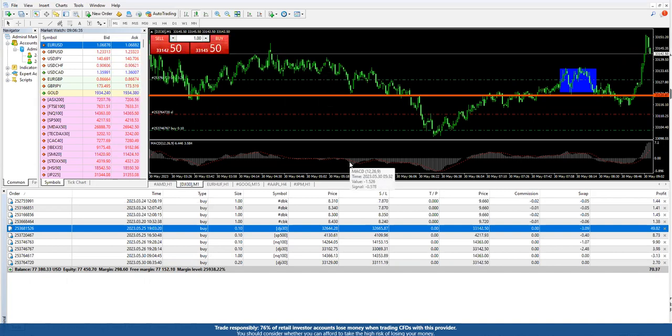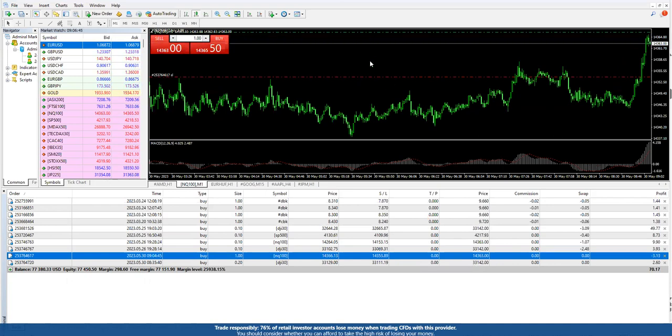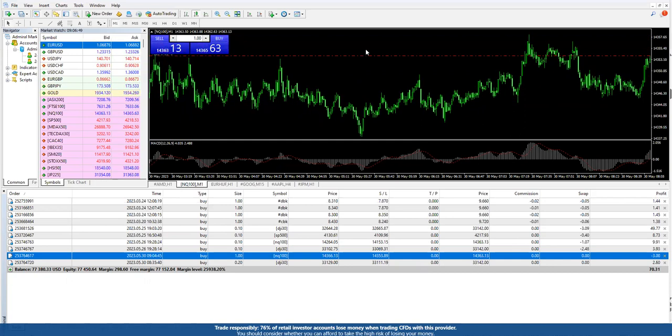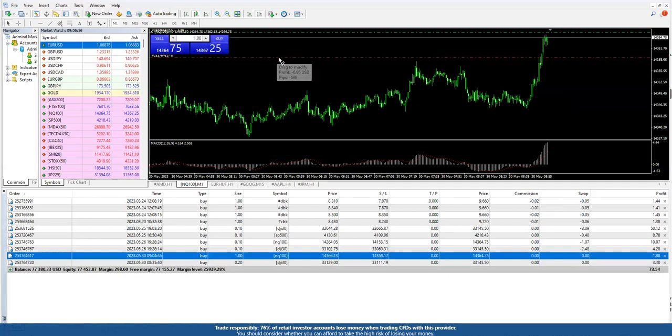In my opinion, I will keep it. And let's check what happened with Nasdaq. Maybe I will set the stop loss a little bit closer because I don't want to lose too much money. If I set it here, it's only $6 or $7 minus. And let's check what happened on DAX.